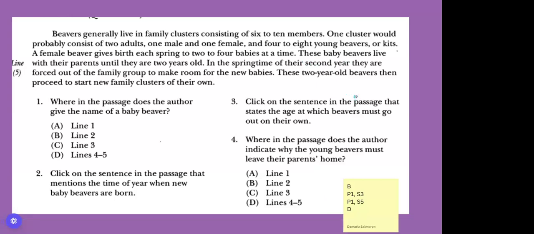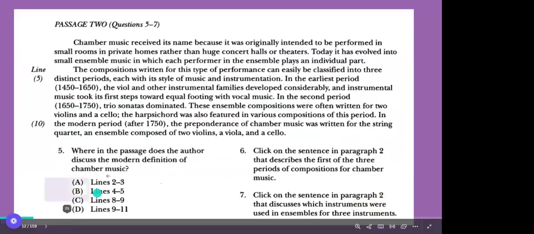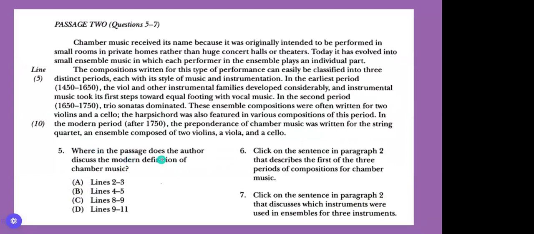Let's do another one. And again, we have a question, where in the passage? And my keywords could be modern, definition, and chamber. Number 6 says, click on the sentence in paragraph 2 that describes the first of the 3 periods.